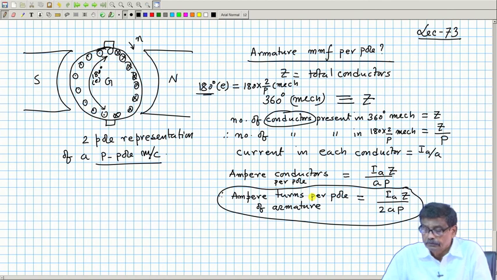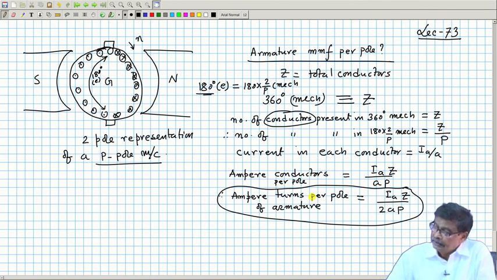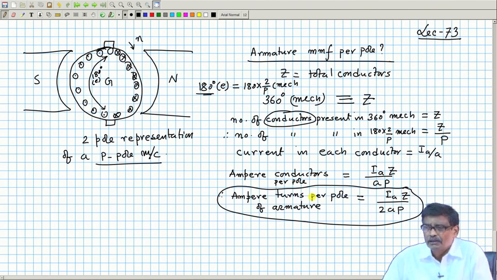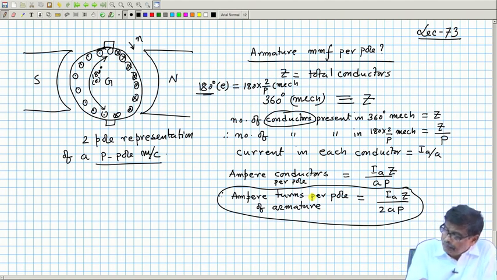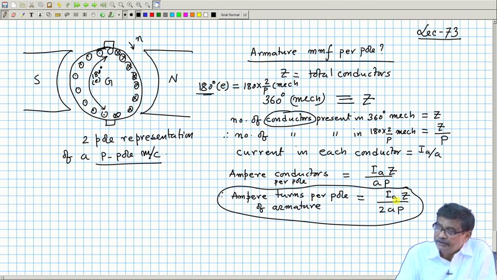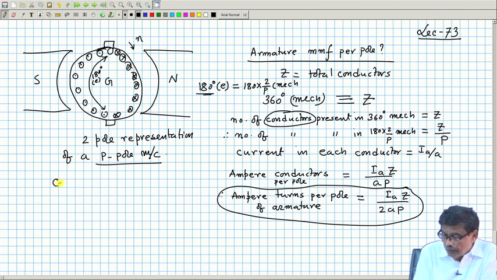Now, I told you that I do not want to have this distortion, because it causes problems in commutation. Therefore, to nullify this, I will put some conductors on the pole face, in a winding that is called the compensating winding, you recall.